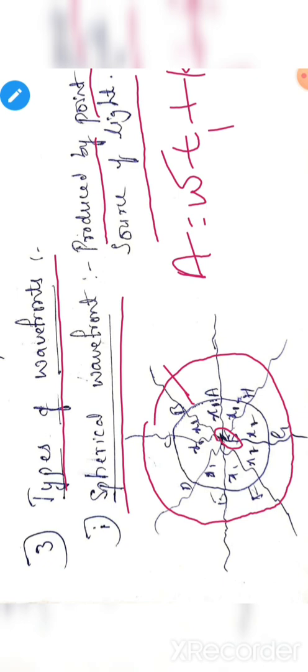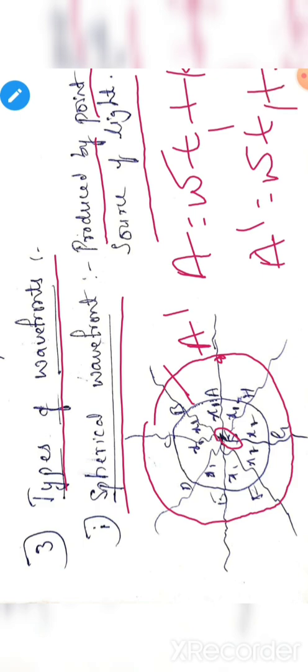Now consider a point on this other wavefront, that is A dash. It has the phase omega t1 plus k x2. So the phase of the points on this wavefront will be different from the phase of the points on the other wavefront. So both these wavefronts have different phases.